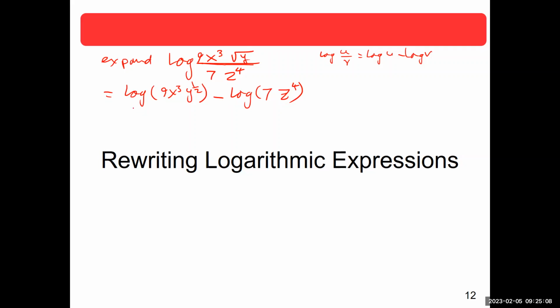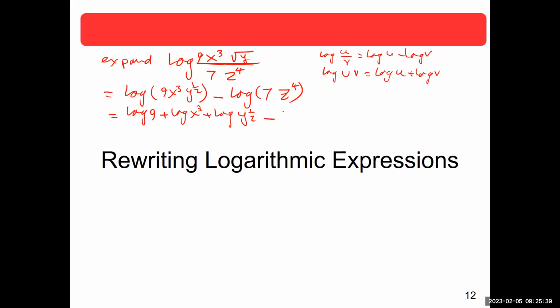We're going to use the multiplication rule for each side. Log of uv equals log u plus log v. Basically, I can continue adding like that. Log of 9, that's the first one, plus log of x to the power 3 plus log of y to the power half.